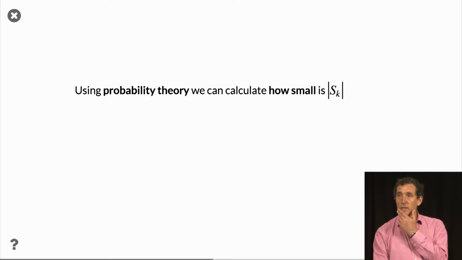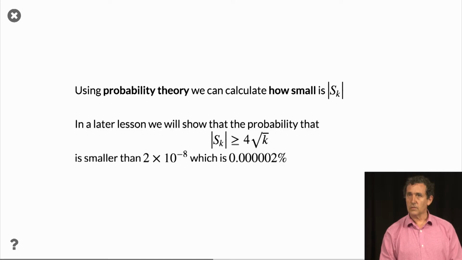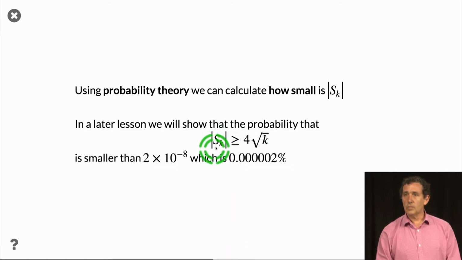With probability theory, we can calculate how small we expect S_k, the sum, to be, the absolute value of the sum, because it can be either negative or positive. And what we will show is that the probability that this S_k is larger than 4 times the square root of k is extremely small.